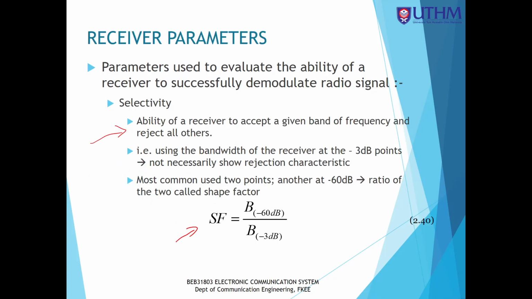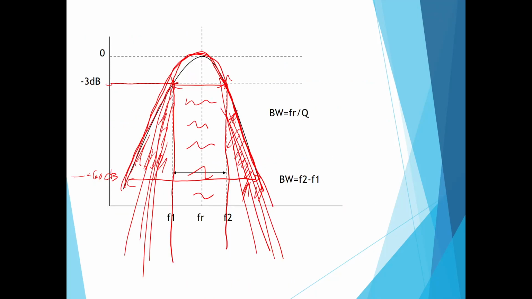So as I say, we want the filter to have a very sharp cutoff of the frequency response. Sometimes the signal can be like this, like this, like this. So the sharper the filter, the better.